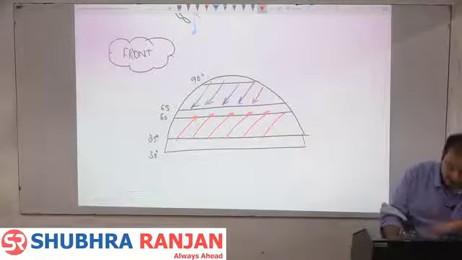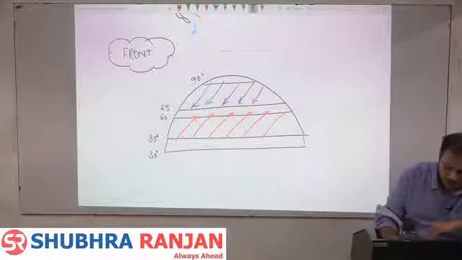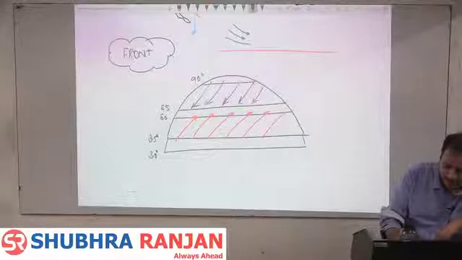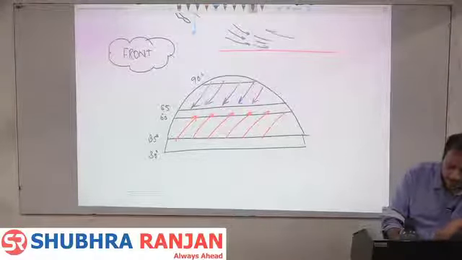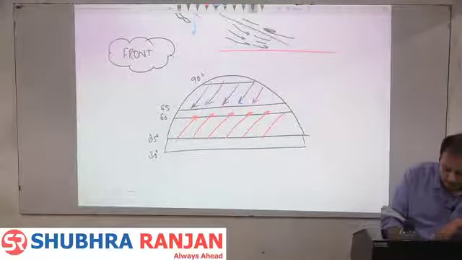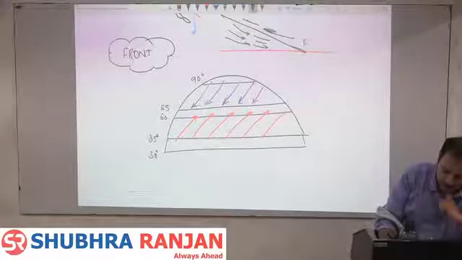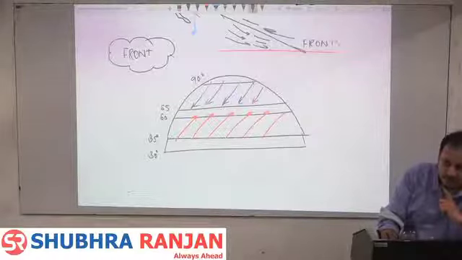Where cold and warm air is going to mix, the region where the cold air will come down and warm air will go upwards. So this sloping boundary where the cold air is coming down and the warm air is going upwards is what is known as fronts. Fine.